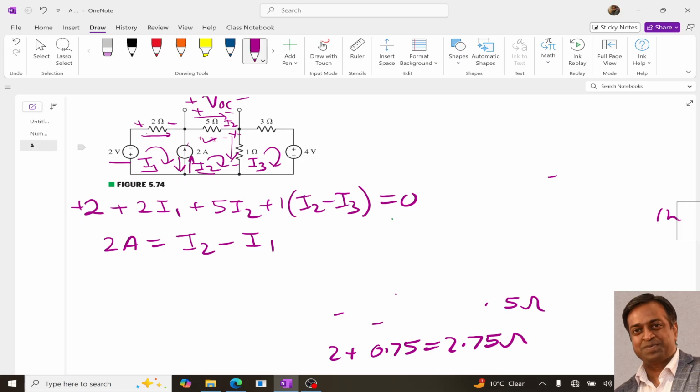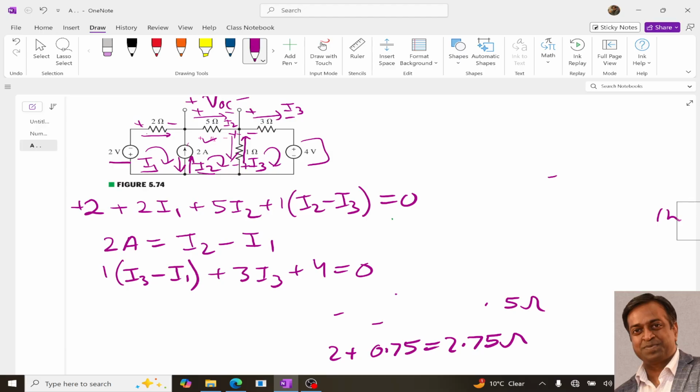Now considering the third loop, I3, starting from here, it is plus to minus, and the current is I3 minus I1, so it is 1 times (I3 minus I1). Then over here it is plus 3 I3. And then over here it is plus 2 minus, so plus 4, equal to 0.